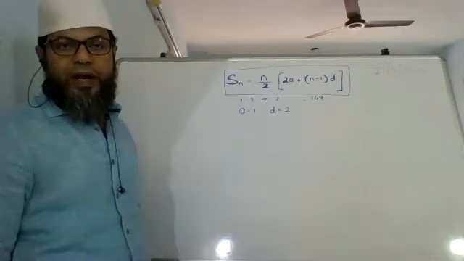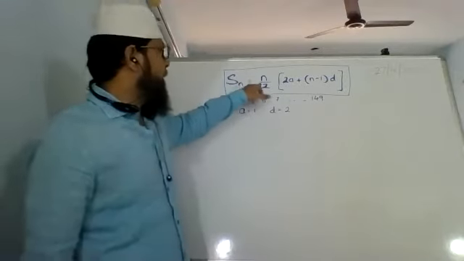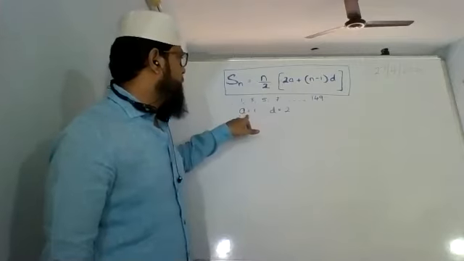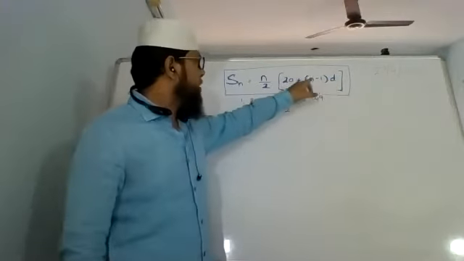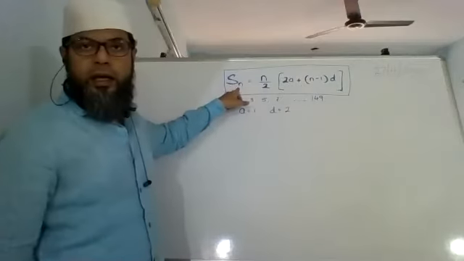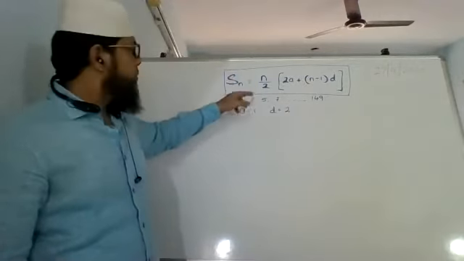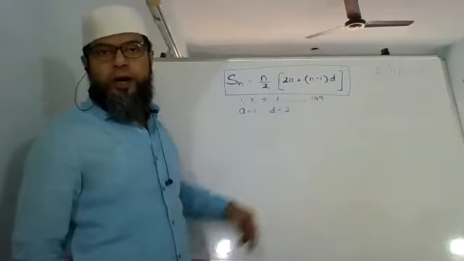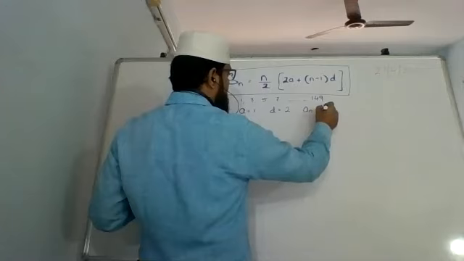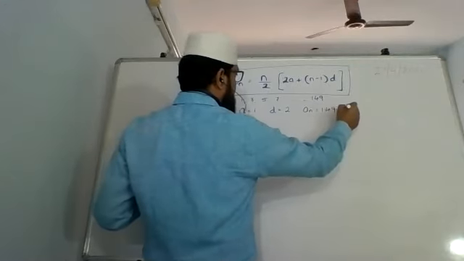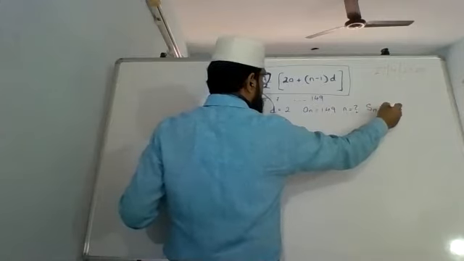So that means we have to find n, because for Sn we need n upon 2, 2a, which we have, n minus 1 d, d we also have. What is missing is n. How much n is, we have to find out first. So first, using this, we are going to find n. We'll say the last term an is 149, n equals question mark, and we also have to find Sn.